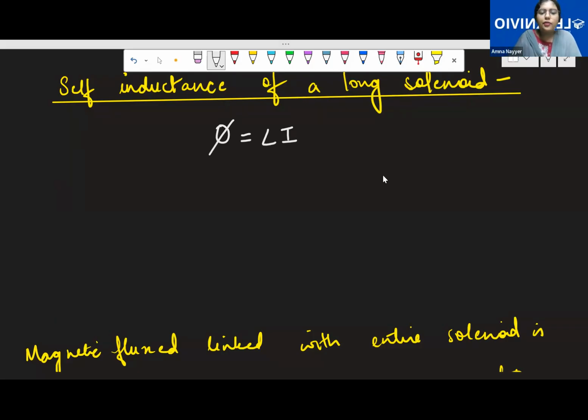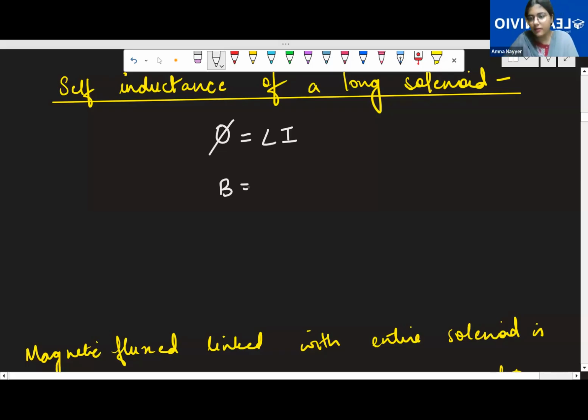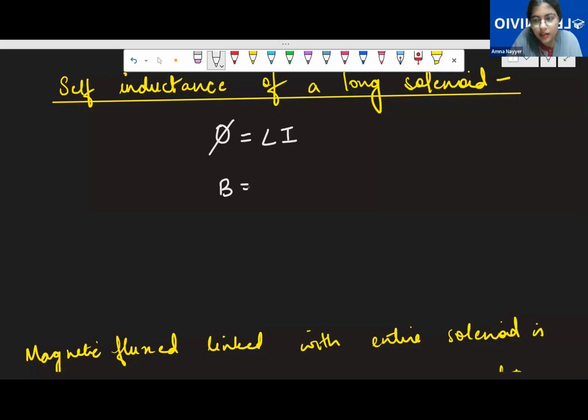We did a formula of the magnetic field for a solenoid earlier itself. Safrina, can you tell me the magnetic field for a long solenoid? Can you recall? Solenoid and toroid had similar formulas, mu naught was there.